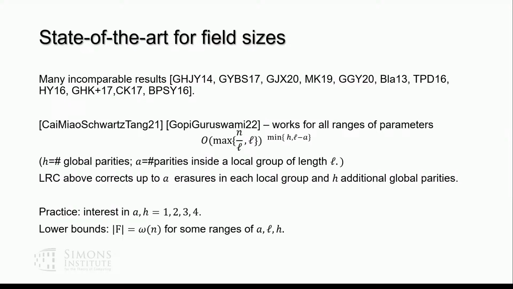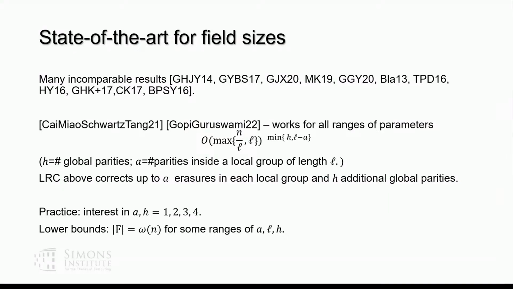There are many works that are incomparable, but some more uniform constructions, constructions that work over all ranges of parameters, come from these two papers. And the bound that they get looks like this. It looks a bit weird, but think of L as being a constant, for instance. Locality, we care about small locality.